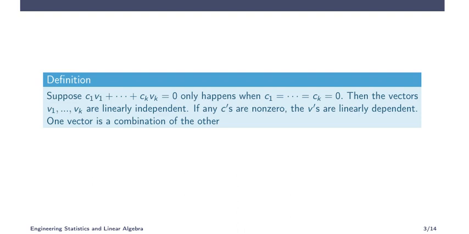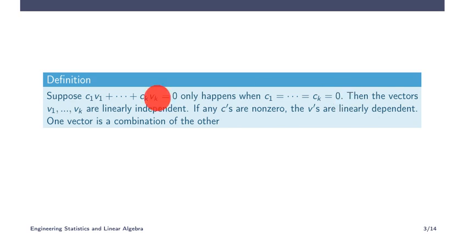Today, coming to our first topic, linear independence. The definition is like this. Suppose there are k vectors v1 to vk, and their linear combination is written as c1 v1 + c2 v2 + ... + ck vk, and it is equal to 0. This only happens when c1 = c2 = c3 = ... = ck = 0.